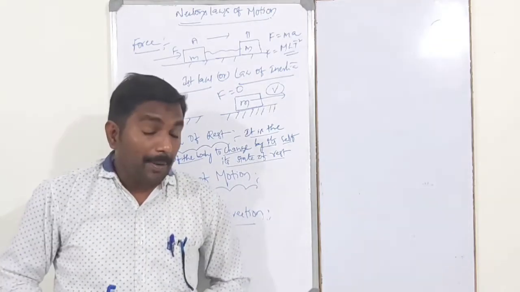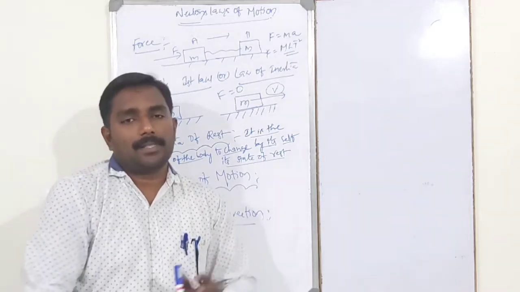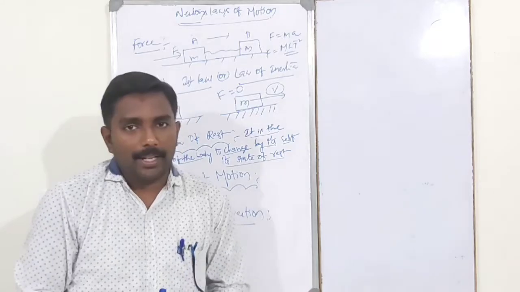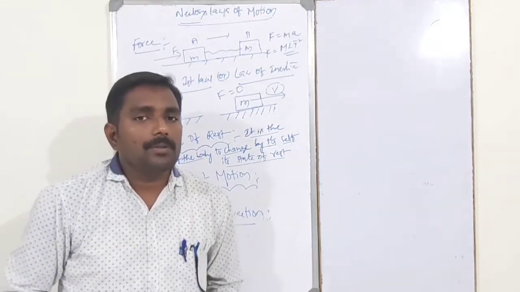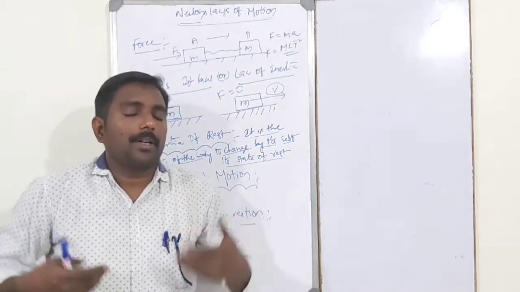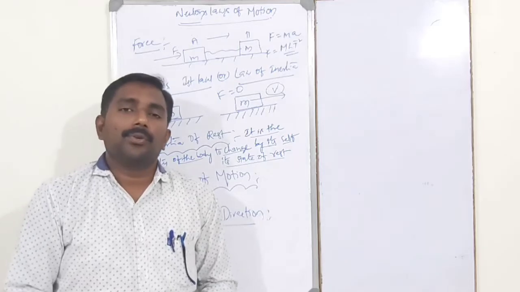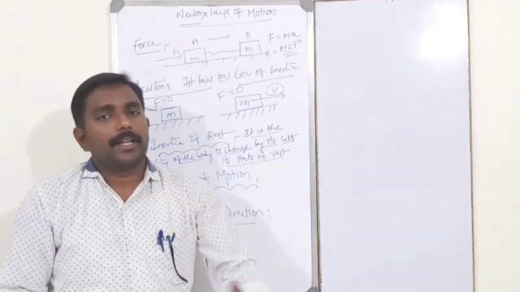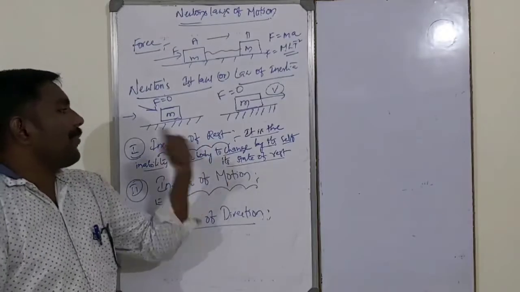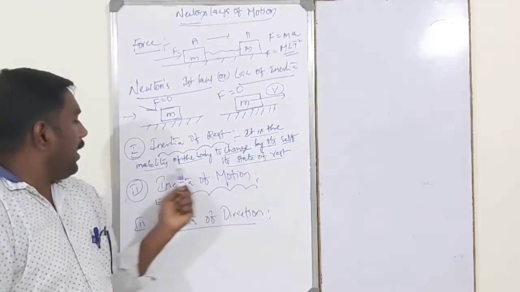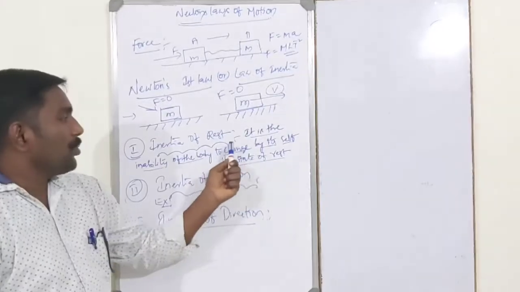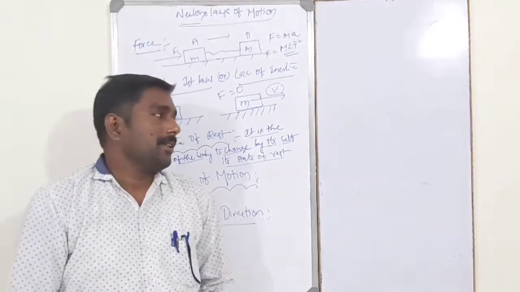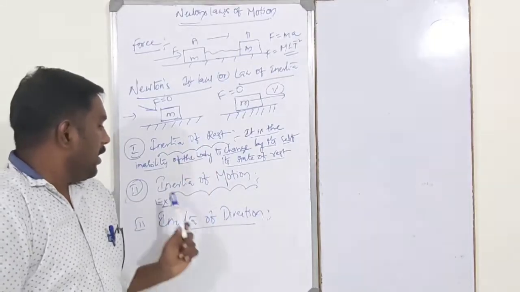When the bus moves forward suddenly, the lower part moves forward, but the upper part remains at rest due to inertia. Then the person falls in the backward direction. That is the example for inertia of rest. It is the inability of the body to change by itself its state of rest.